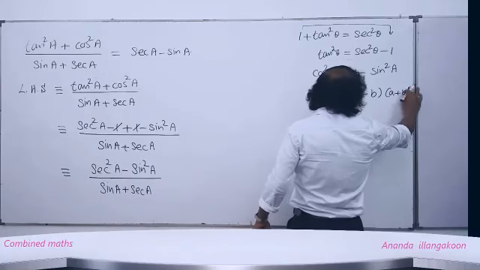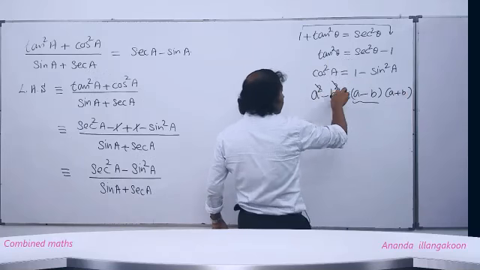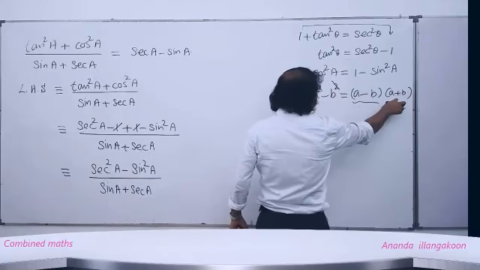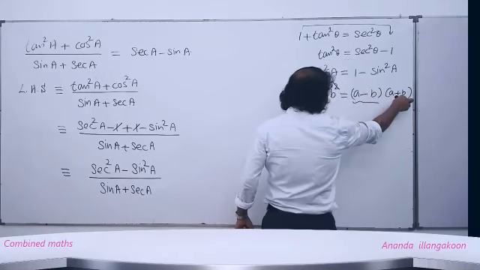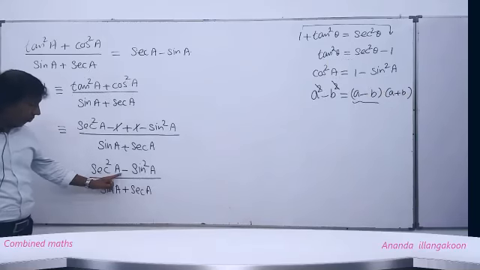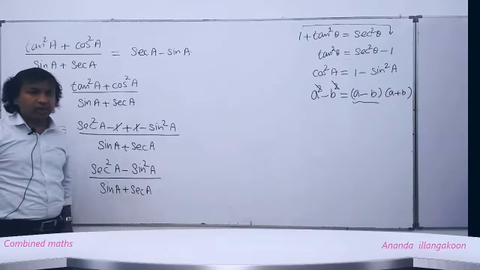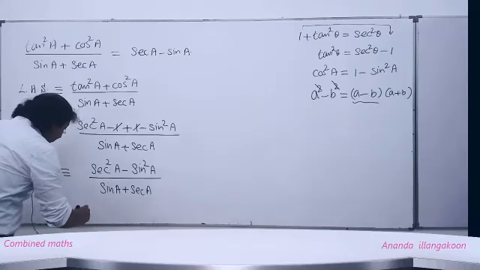This first factor can easily be obtained by ignoring these powers, a minus b. Second factor can easily be obtained taking this sign to opposite, a plus b. Like that, here, what do you get? Sec A minus sin A is the first factor. Second factor, sec A plus sin A, right?